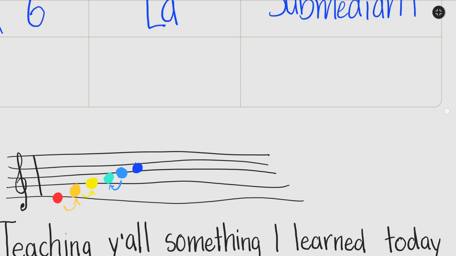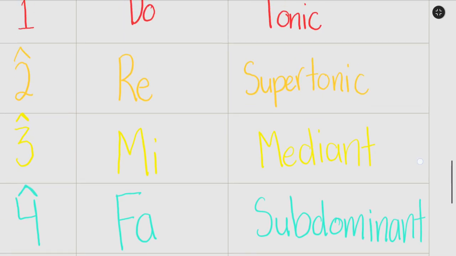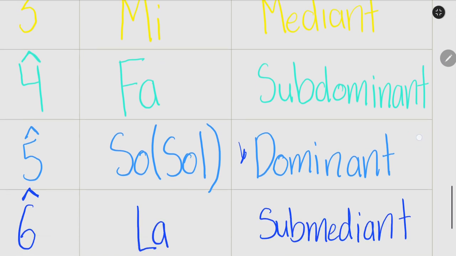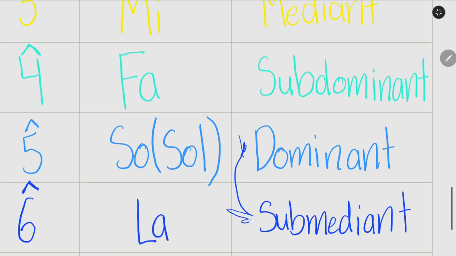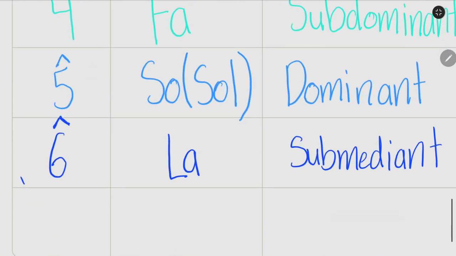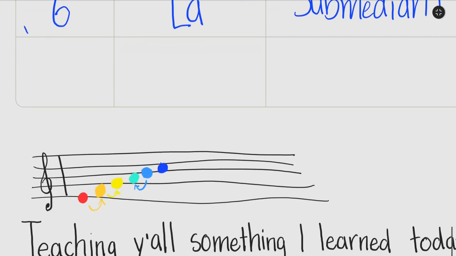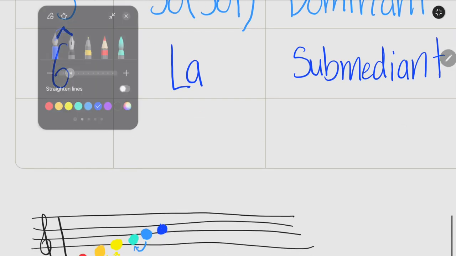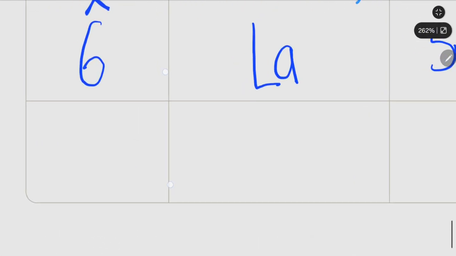Like, you know how the mediant is between the tonic and the dominant? So this one's just like one below. I never understood why it was called that. So if anybody fully understands why it's called submediant, put it down in the comments. It's just the one note that I have no good explanation for. I did search it up. I did not understand.